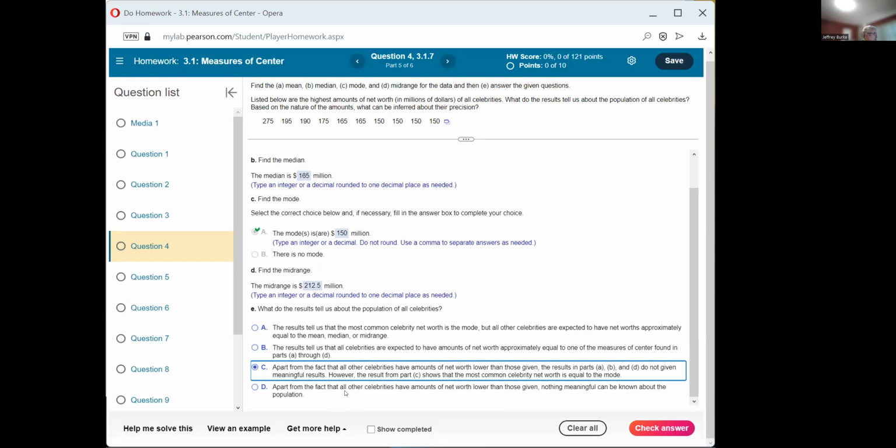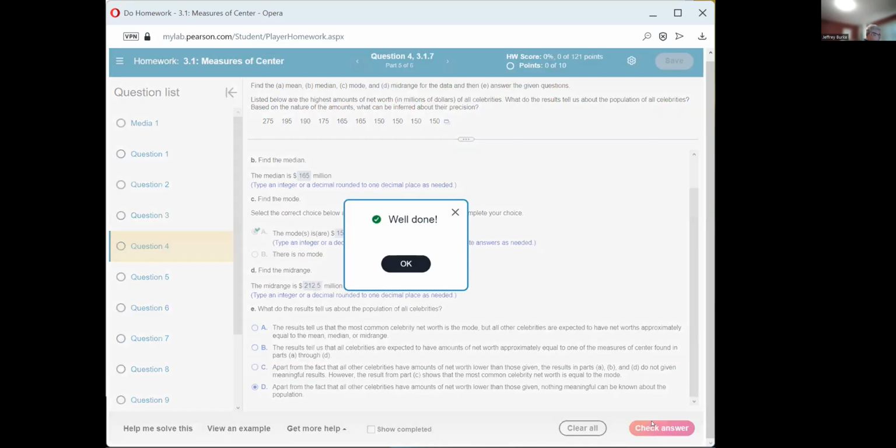Let me read this other one here. Apart from the fact that all celebrities have net worths lower than these, nothing meaningful can be known about the population. Yeah, because we don't know if the mode is going to be the most common one for celebrities. Most of them could be making less. So the mode is not necessarily going to be a good measure of that, although it can be close. So apart from the fact that we know all celebrities make less, nothing else can be determined. So that's going to be choice D.